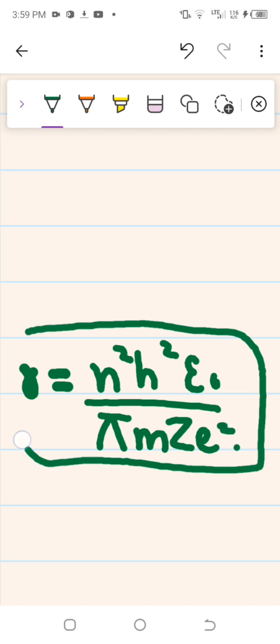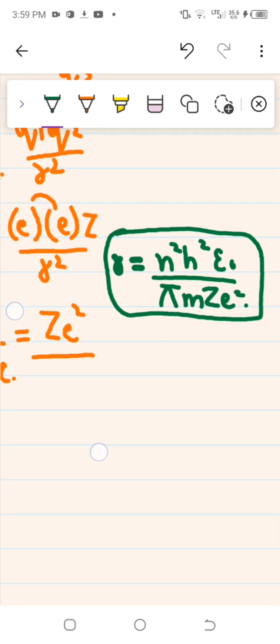This is the value of the radius, and we are going to put this value into this equation.